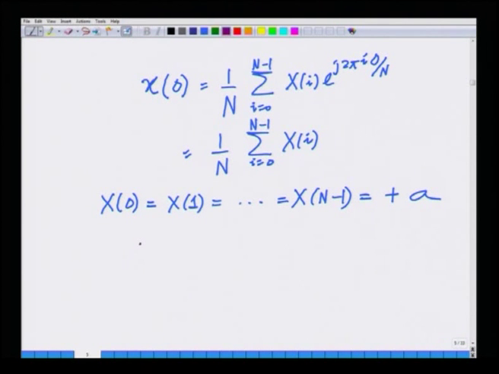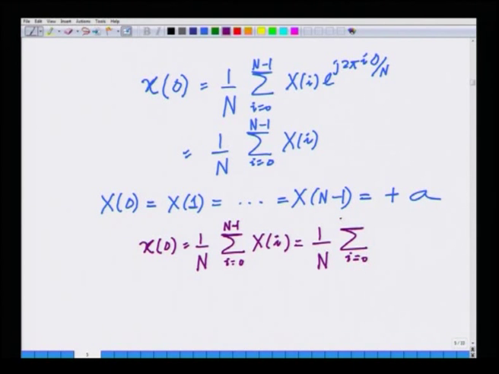And then what do we find? In that case the small x 0 equals 1 over n summation i equals 0 to n minus 1 of x i, which is 1 over n summation i equals 0 to n minus 1 of A, which is actually A. Hence, the peak power or the instantaneous power equals A square.